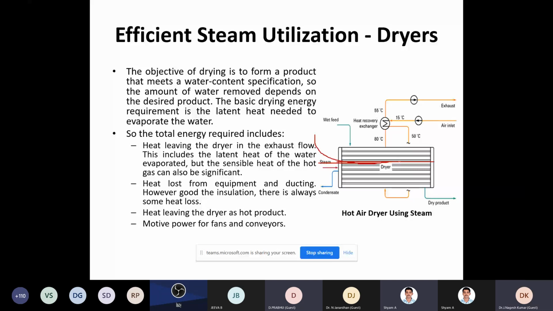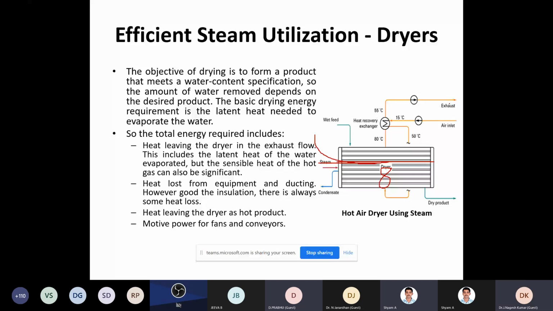So we use steam. Steam will go through the tubes, and then in that radiator type of heat exchanger, we blow the air over the steam coils. Hot air will go and remove the moisture from the cloth fabric. So this is a typical hot air dryer using steam.